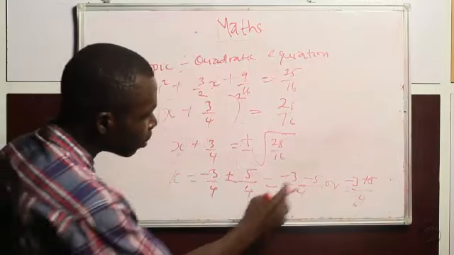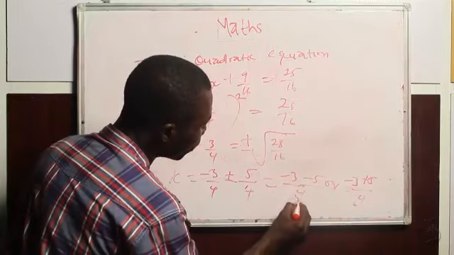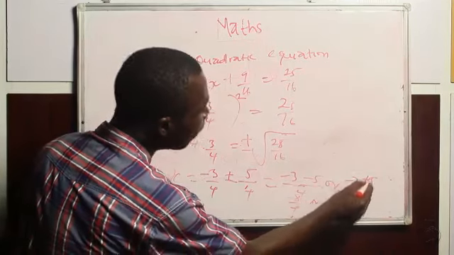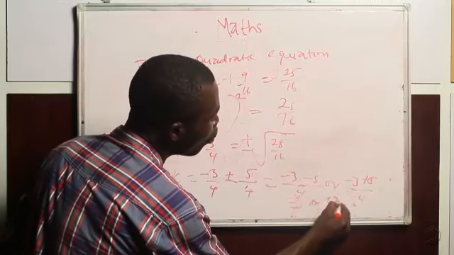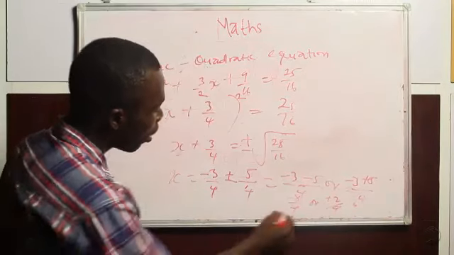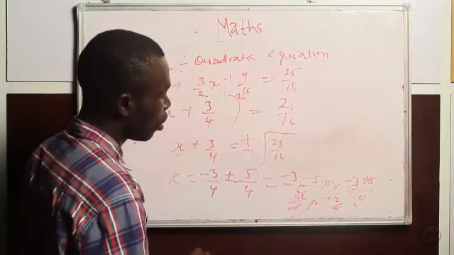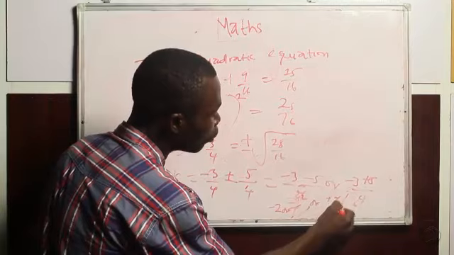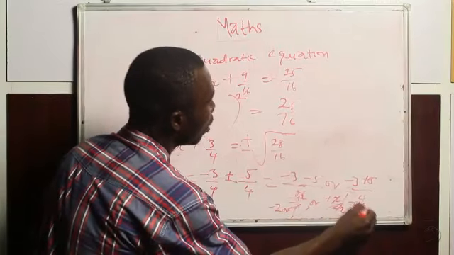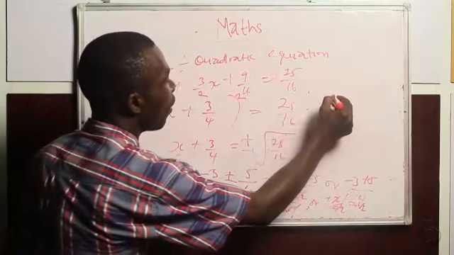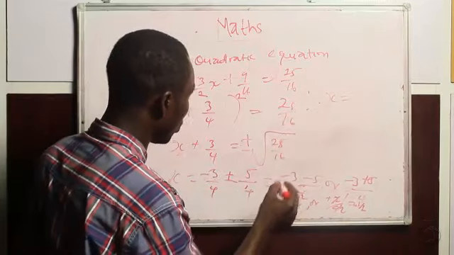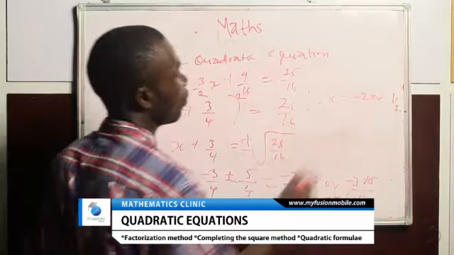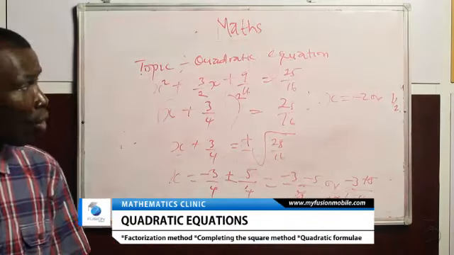Now, minus 3 minus 5 will give us minus 8 over 4, or minus 3 plus 5 will give us plus 2 over 4. 4 into 8 is 2, 4 into 2, half. We now have minus 2, or half. Therefore, our x is equal to minus 2 or half.